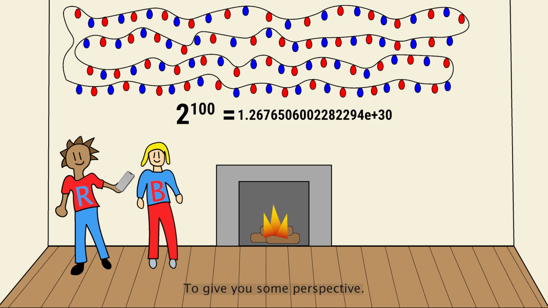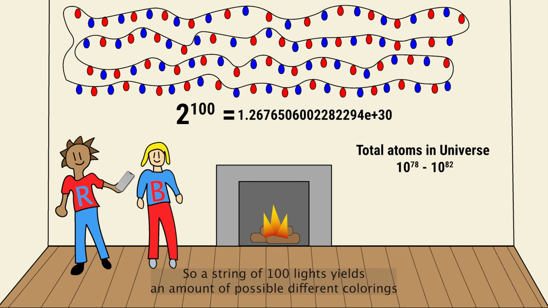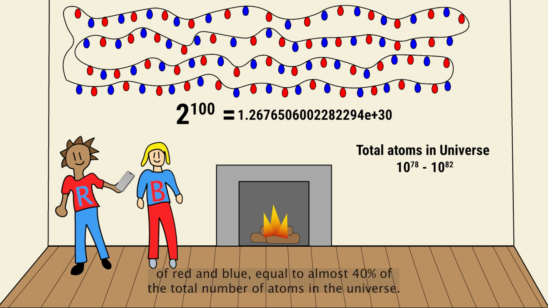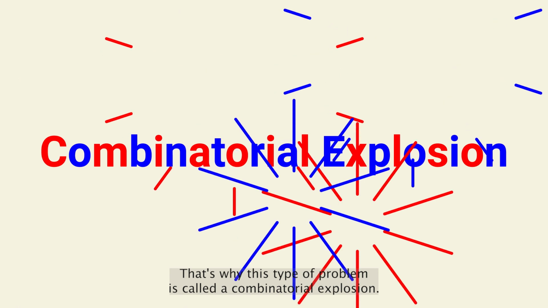To give you some perspective, the total number of atoms in the universe is estimated to be between 10 to the 78th and 10 to the 82nd. So a string of 100 lights yields an amount of possible different colorings of red and blue equal to almost 40% of the total number of atoms in the universe. That's why this type of problem is called a combinatorial explosion.